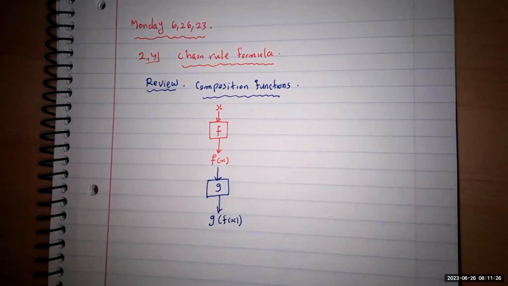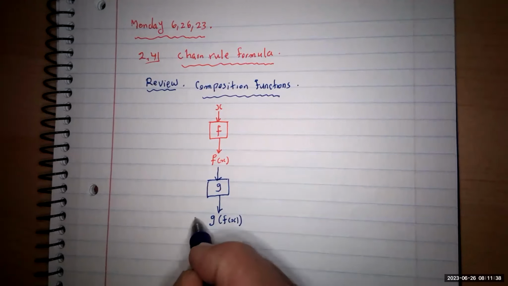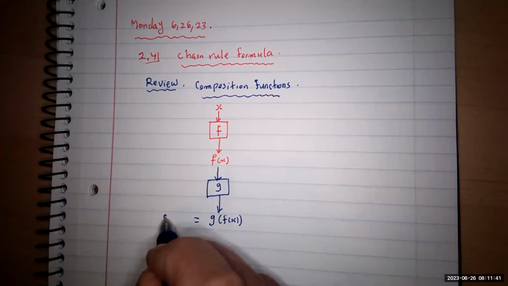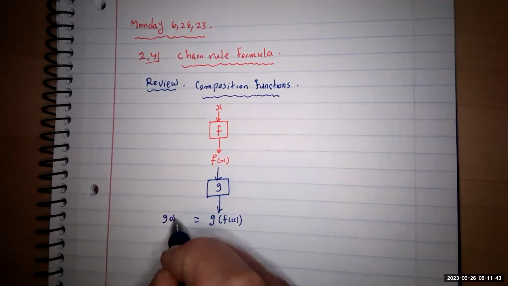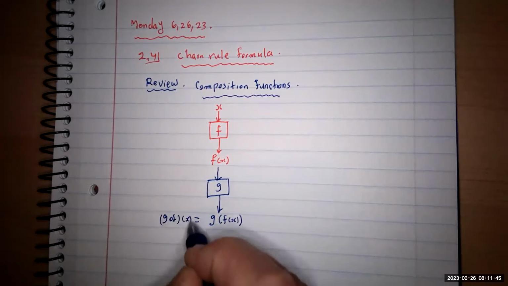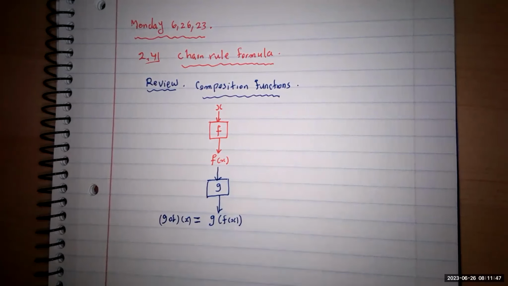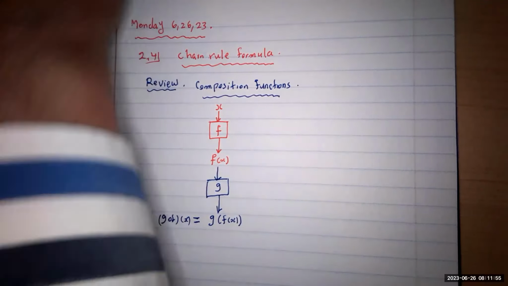So you may go through several steps. But if we take care of the 2 steps, then we can repeat it over and over. So this g of f of x is going to be denoted by g of f, and is going to be called the composition function of f and g. That's the one that we are going to be interested in.